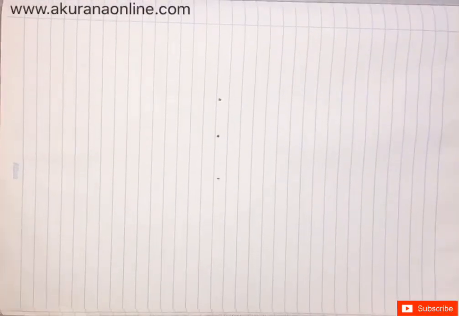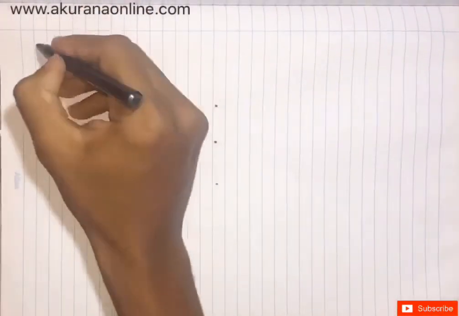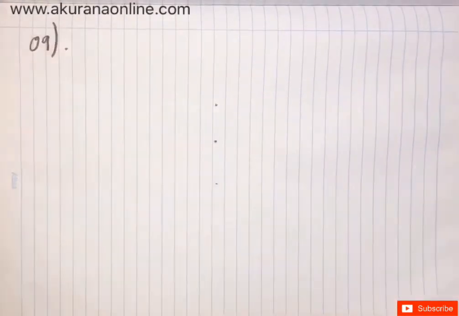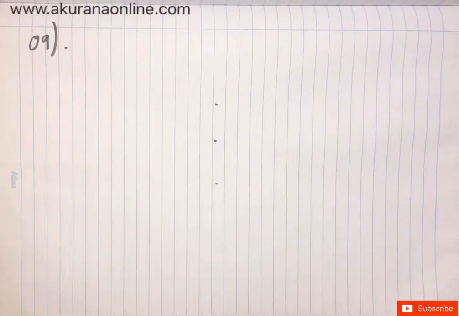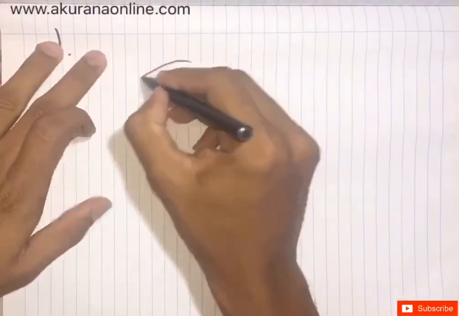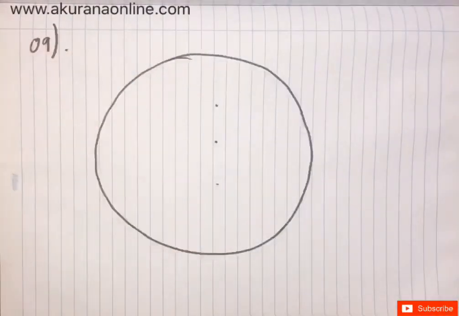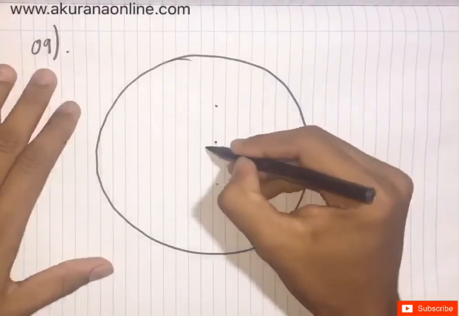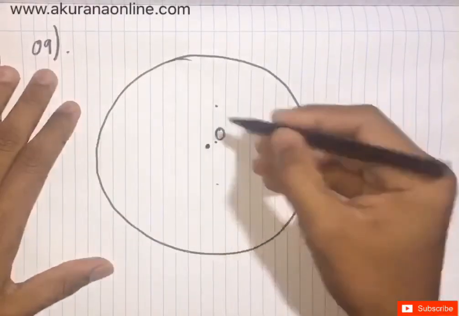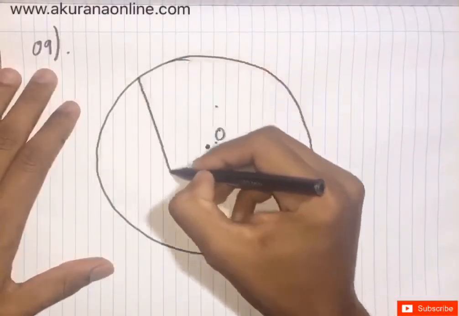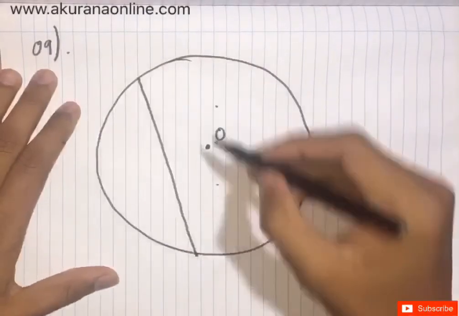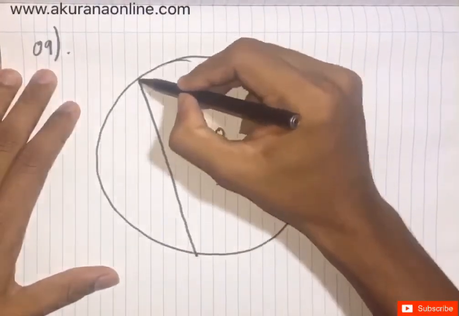Now let us check the 9th question. Okay, 9th. You have to prove here. Let me draw a bigger diagram. You have a circle, and this is the center, let us say O is the center. A triangle is given this way.